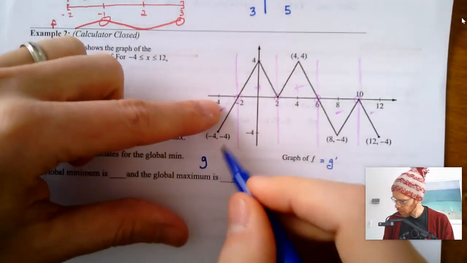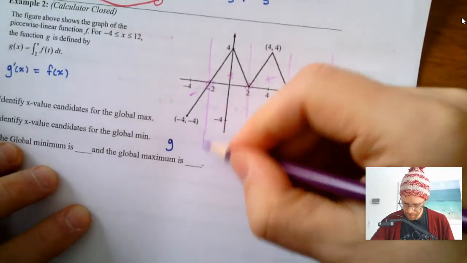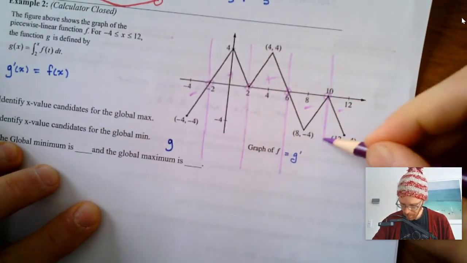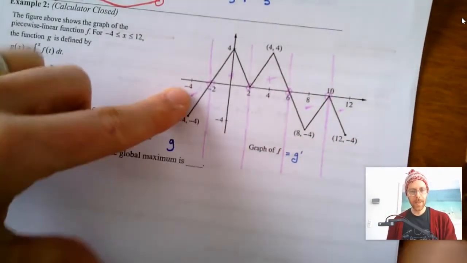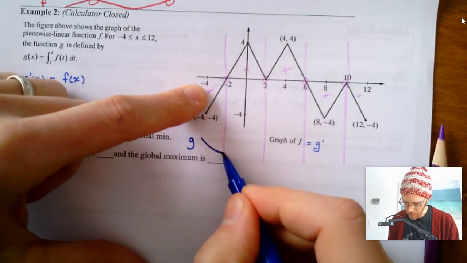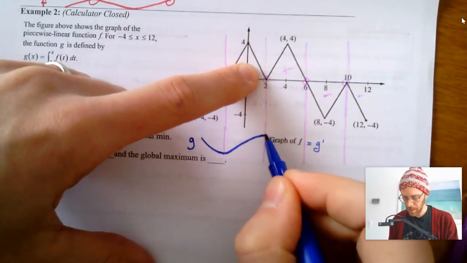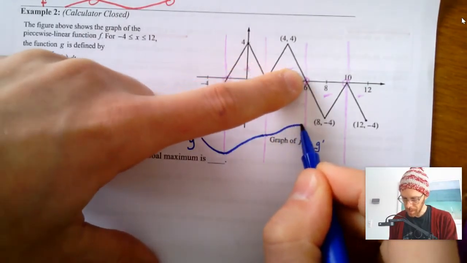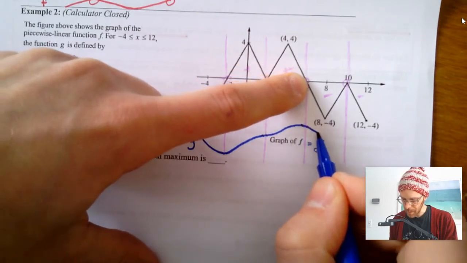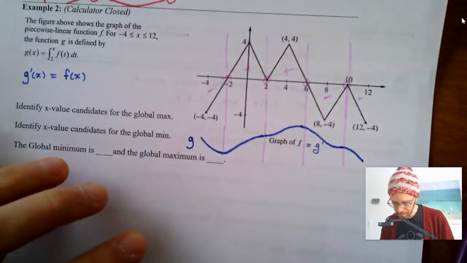We know that because of the negative value on its rate, it's going to decrease, and then it's going to increase. It's going to level off, then it's going to increase some more. Then it's going to decrease. Then it's going to decrease some more.